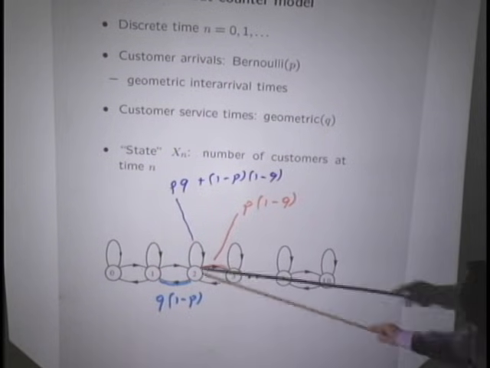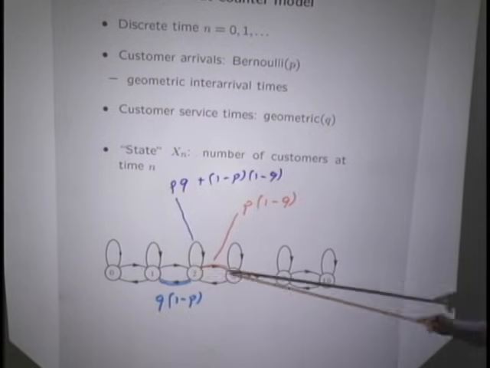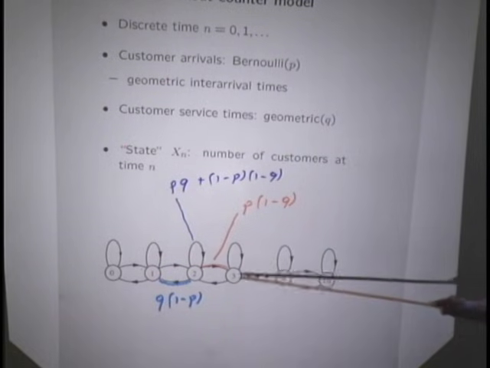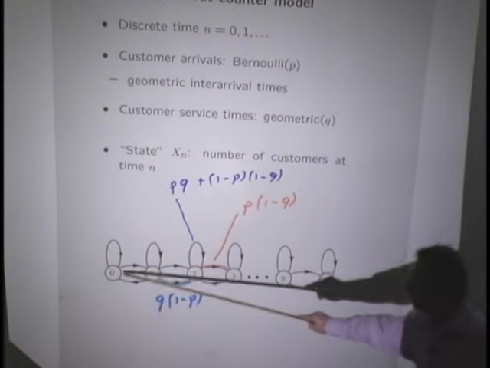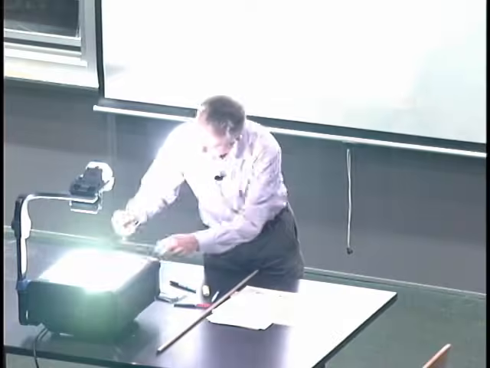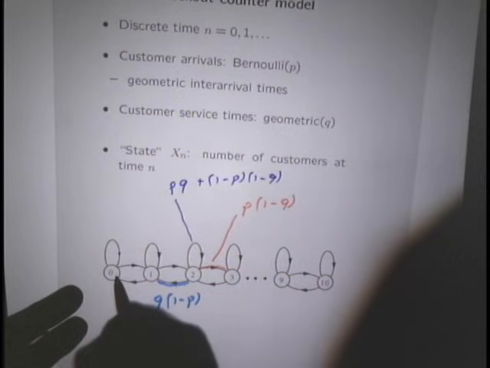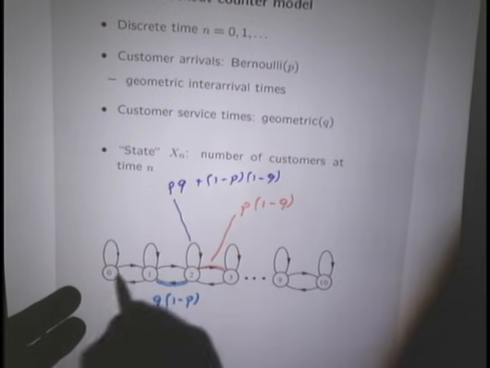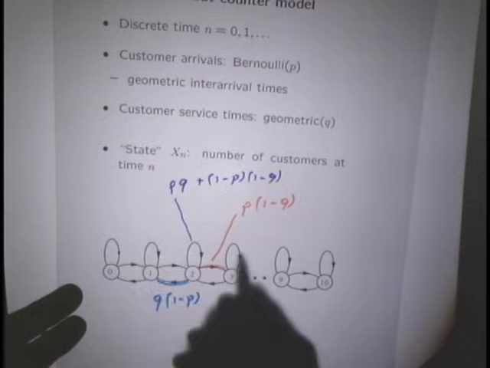So these transition probabilities would be the same starting from any other state, state 3 or state 9 and so on. Transition probabilities become a little different at the borders, at the boundaries of this diagram, because if you're at state 0, then you cannot have any customer departures. There's no one to be served.